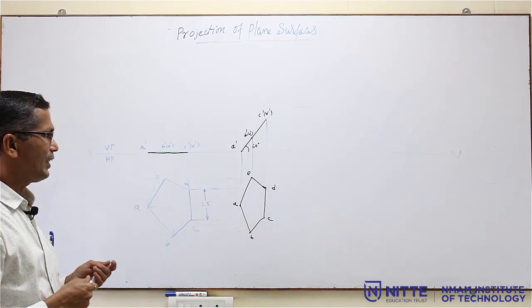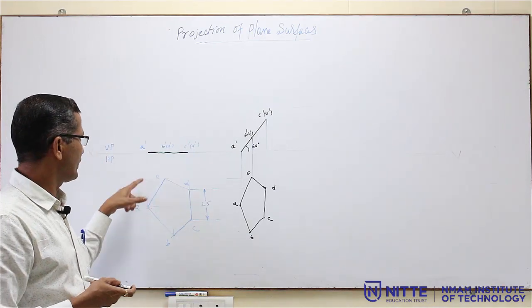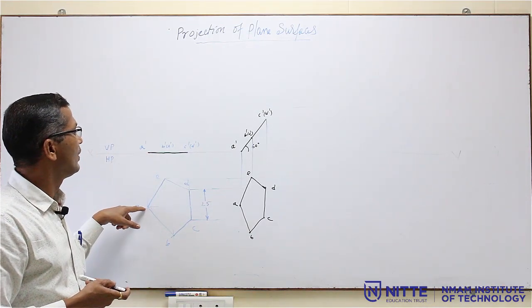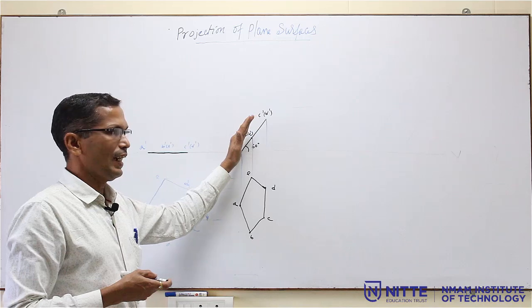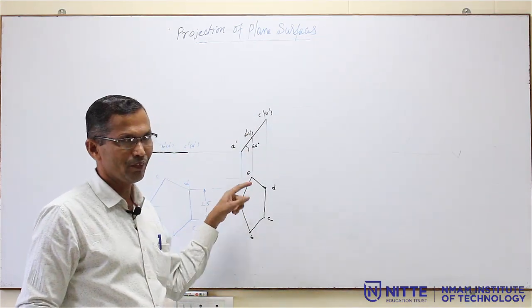What is that? The lamina is resting on one of the corners, it is resting on the corner A, and it is inclined at an angle of 60 degree with respect to HP, then it looks like this.